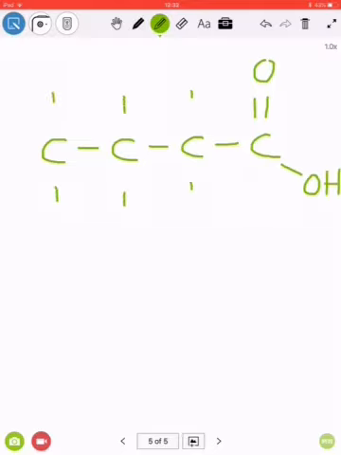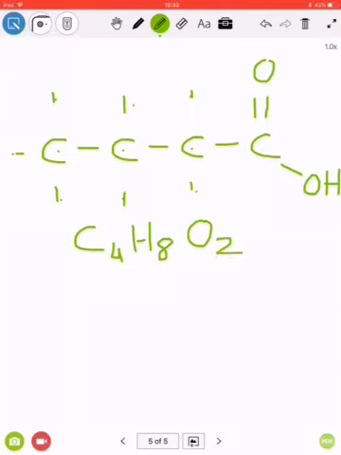All of these spaces will just have hydrogen. Now if I want to make an ester out of that, that is going to be C1, 2, 3, 4. You can count your hydrogens, 1, 2, 3, 4, 5, 6, 7, 8 hydrogens. And then I've got 2 oxygens. So that is my formula.